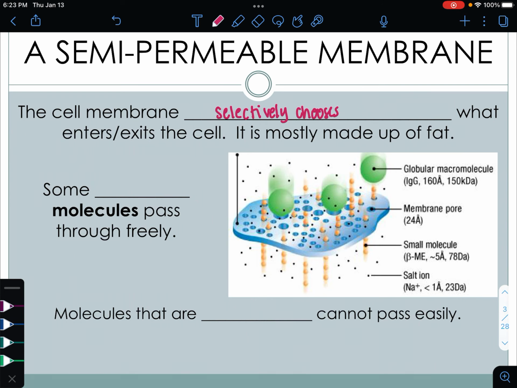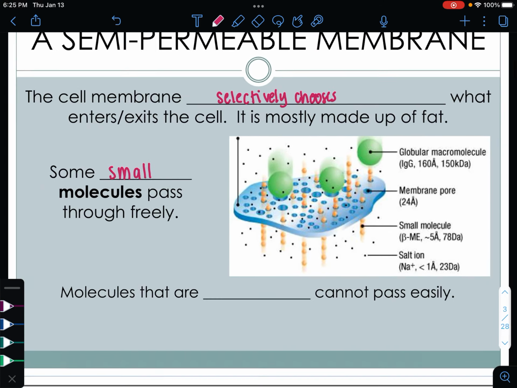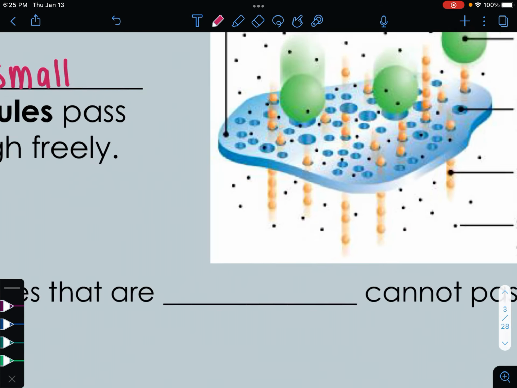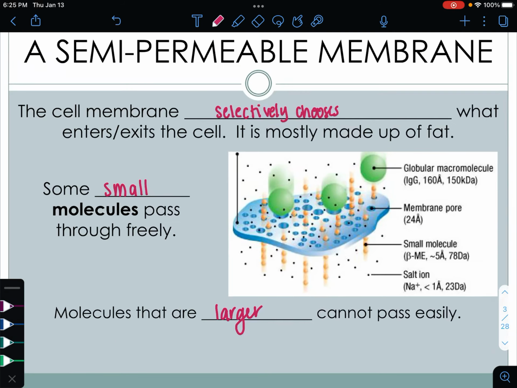It's mostly made up of fat, like I said, and most of the time, the smaller molecules can pass through the membrane pretty easily, and then molecules that are larger are not able to pass through.